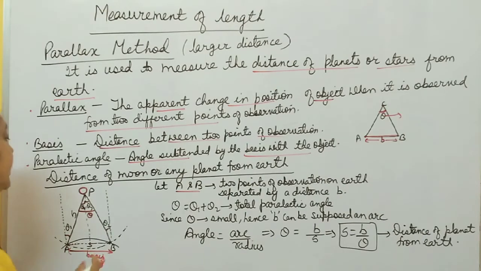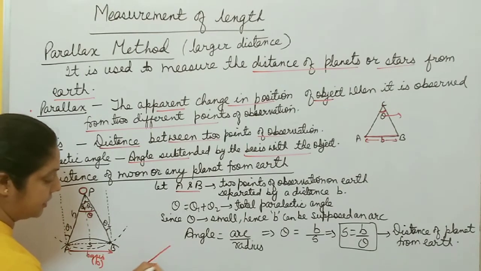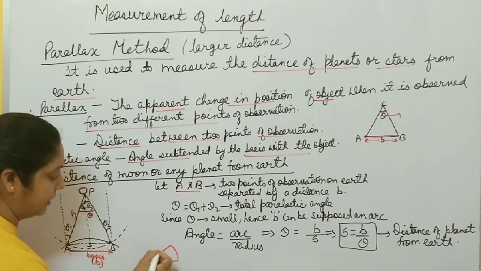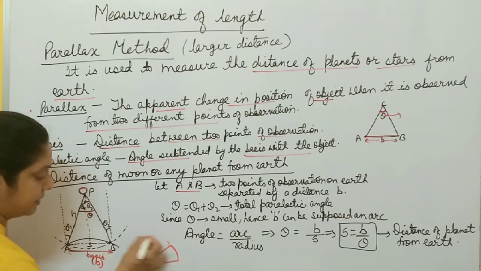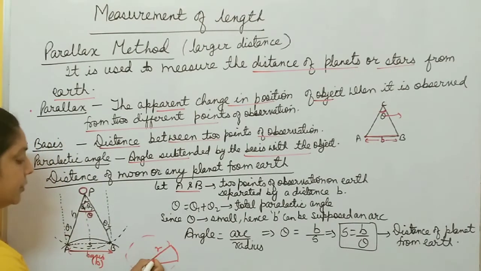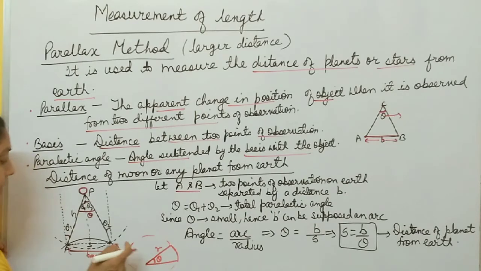Now you know one relation. If this angle is very small, suppose this is the object, and this one is the arc and this one is the radius, suppose this is a circle. So if this angle theta is very small, then there is one relation: theta equals arc by radius.